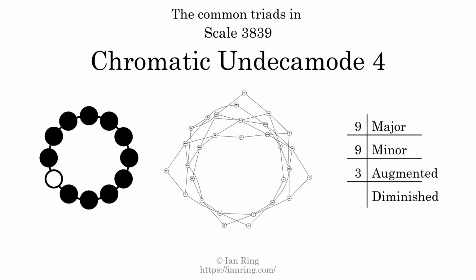There are 3 augmented triads. There are 9 diminished triads. Here is a Hamiltonian path of parsimonious voice leading that uses all the triads.